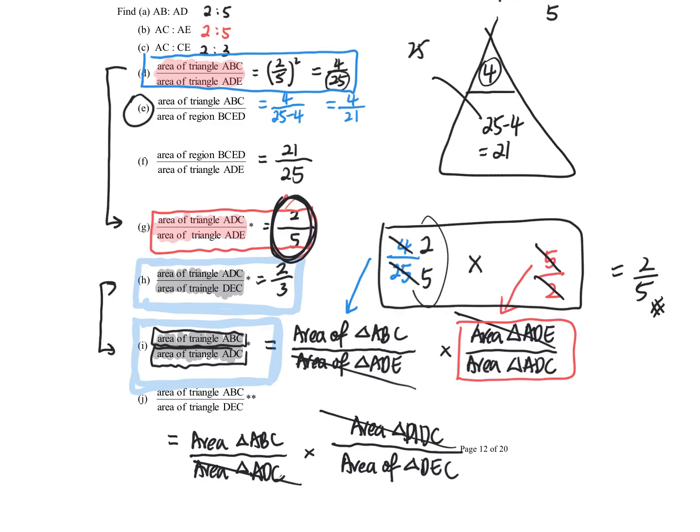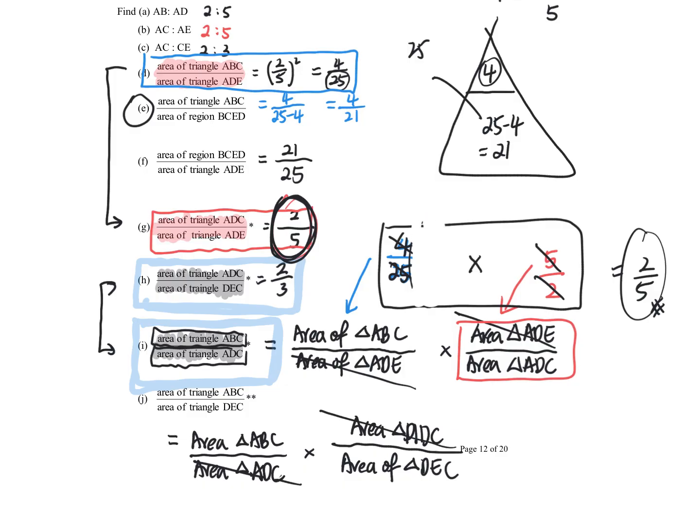Yeah, 2 over 5. No, this is 4 over 25, but if it's simplified, so you can ignore this one. You can just press calculator directly.